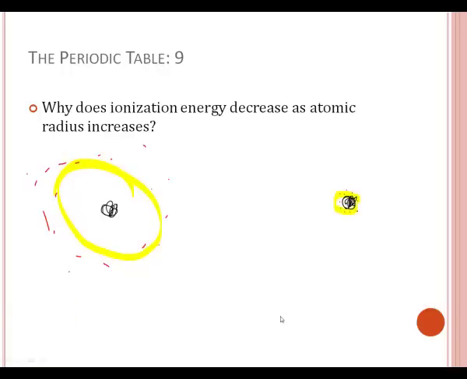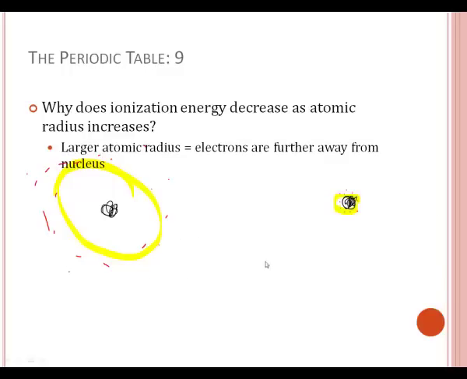So it's easier to pull an electron off of this atom than it is to pull one off of this atom. So as the atomic radius increases, the electrons are further away from the nucleus, which means there's less attraction, and it's going to be easier to pull off an electron. So ionization energy decreases as atomic radius increases because the electrons are further from the nucleus and there's less attraction, so it's easier to pull off an electron.